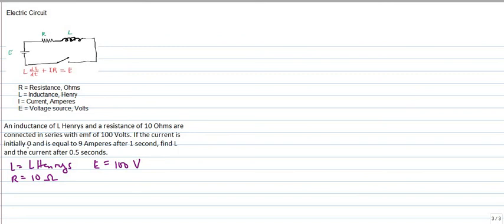If the current is initially 0 and is equal to 9 amperes after 1 second, find L and the current after 0.5 seconds.